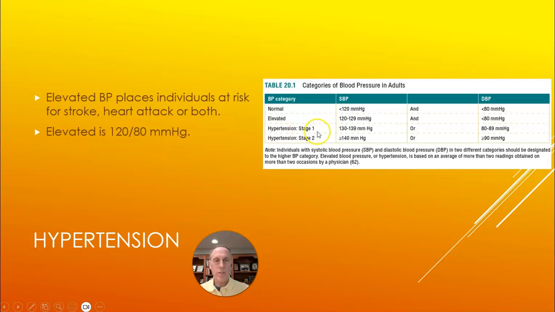When you get down to hypertension stage 2, it becomes 130 to 139, so it's an either or at this point, 80 over 90. So when you see some case studies, you have to understand that you can have an elevated blood pressure that's 120 to 129, and then they're under 80, meaning it doesn't become an either or scenario until you have the diastolic blood pressure go over 80.